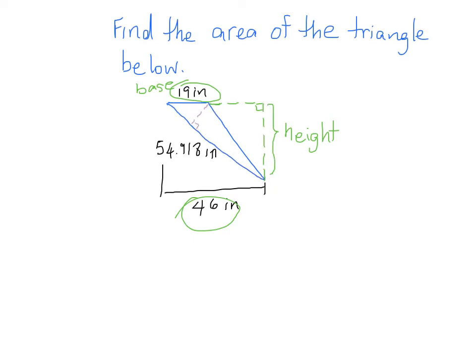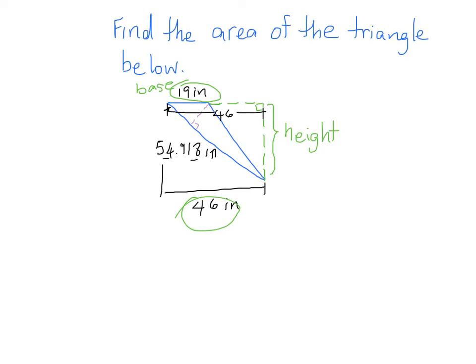In my right triangle, one side is 46, which I'll label in black here. The hypotenuse is 54.918, and the height is what we're looking for.